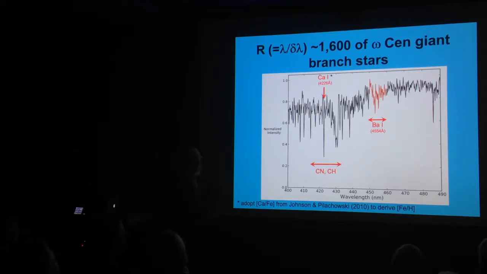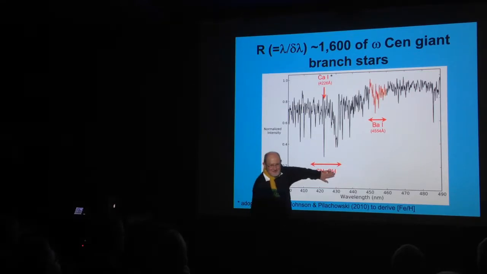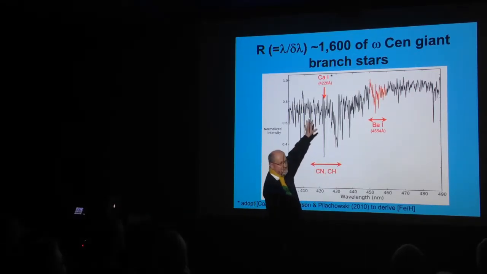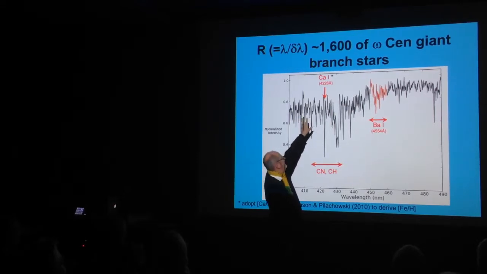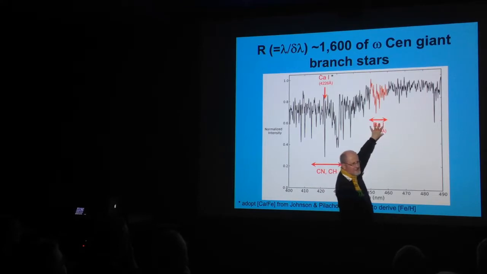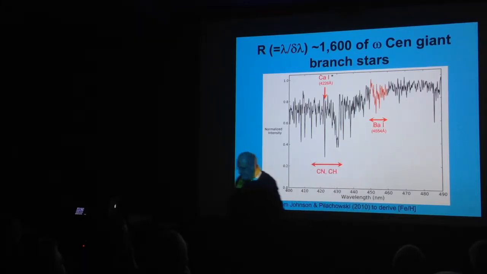The compromise is you can't do as many stars at high resolving power because it takes much more telescope time. So you've got to compromise. But we have our favourite regions, and my favourite region down here is the CN and CH region, and there's the calcium, a neutral calcium line that sits in there as well, and there's a barium feature that is buried in here.